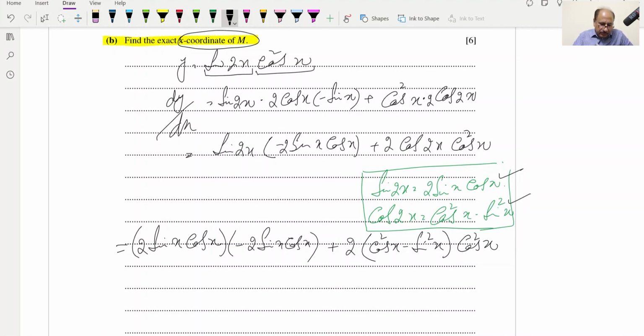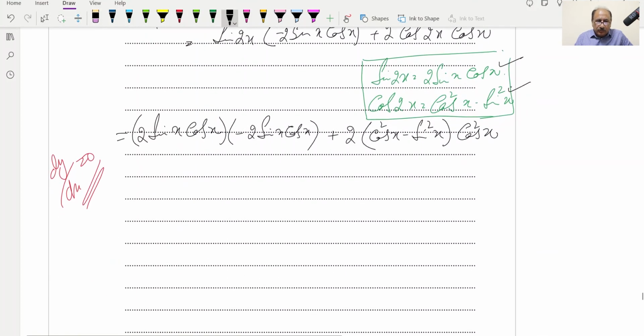We can write over here dy over dx will be equal to 0, because this is a maximum point, so we will multiply this 2 and minus 2, and this will be minus 4 sine square x cos square x.